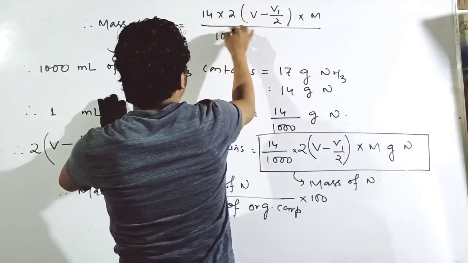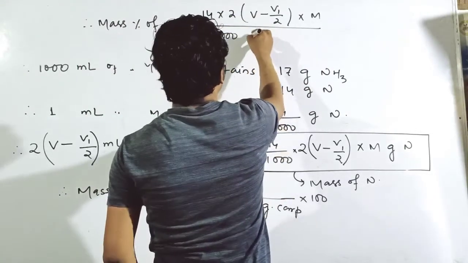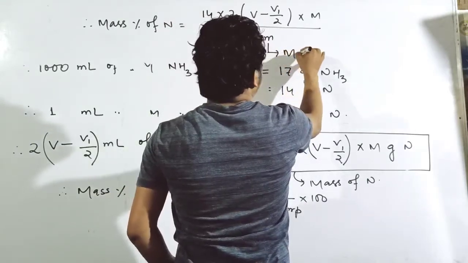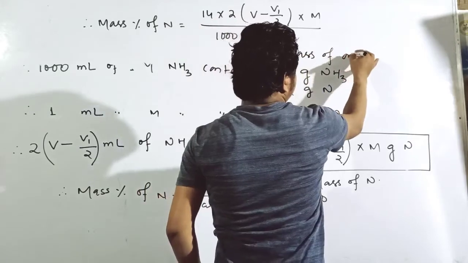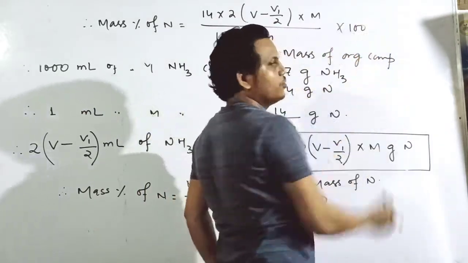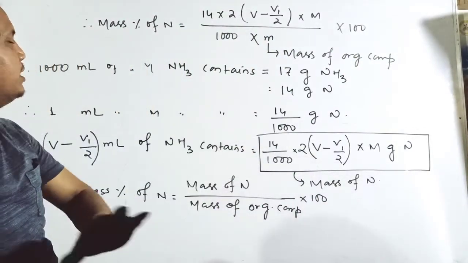This is the mass of nitrogen, by the mass of organic compound. Consider m as the mass of organic compound, and multiplied by 100, because whatever comes you can write in percentage.